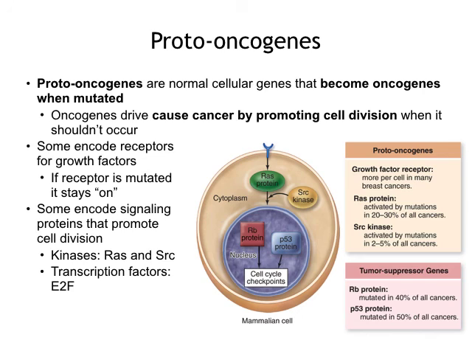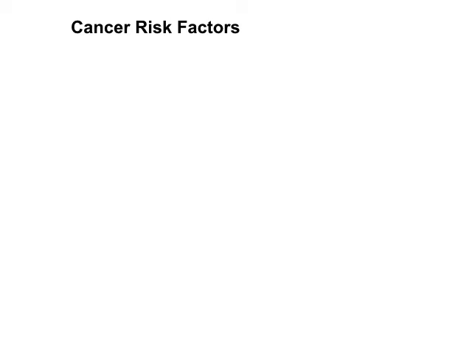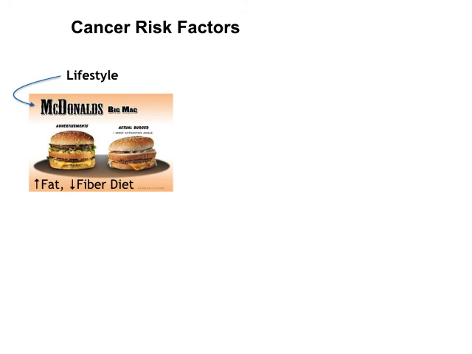Now, final slide, and then I'll let you guys go. A few things about risk factors, because this affects you directly. There's a lot of lifestyle factors, specifically what you eat. What you eat, believe it or not, has been associated with cancer risks.